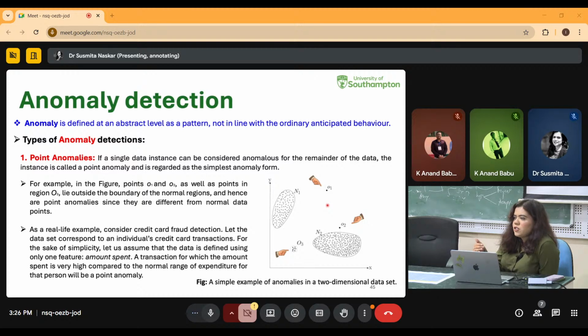It also depends on what situation you are getting the data in, and what other circumstances come around collecting the data. It's not always about this one being very different from the N1 range. So we will see the different ways to understand that there is some kind of anomaly in your data, right?